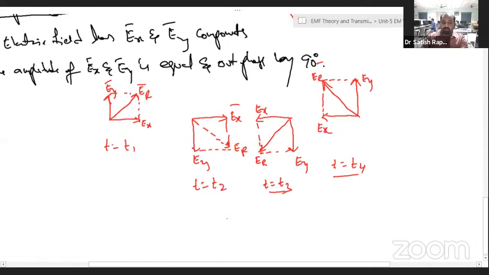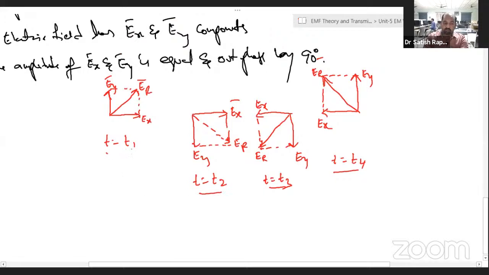Here, if you observe from t1 to t2, what is the phase shift? This is 45, and this is the locus point of the resultant electric field at t1, at t2, at t3, and at t4.